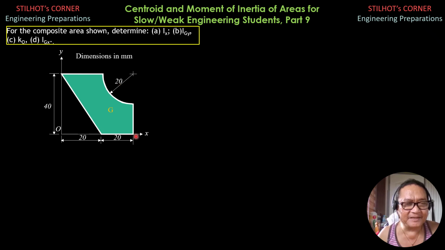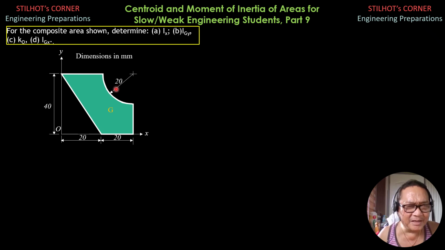And the centroidal moment of inertia with respect to the x-axis of a quarter circle is half of that of a semicircle. So half of 0.1098 is 0.05488 r to the fourth.